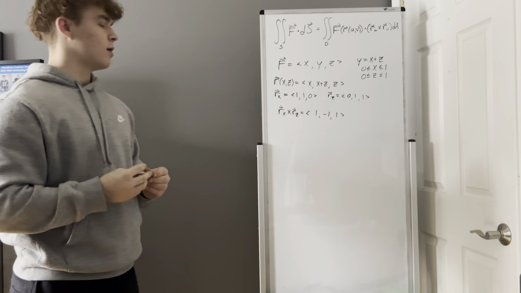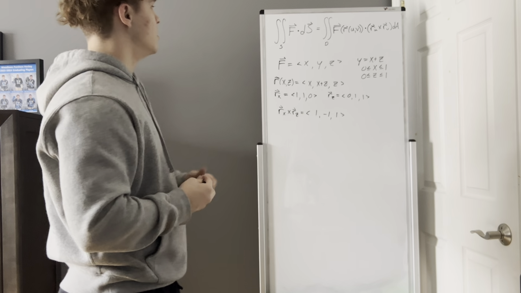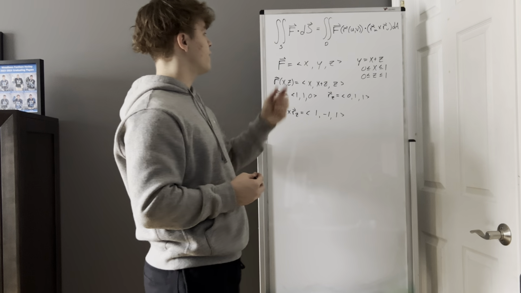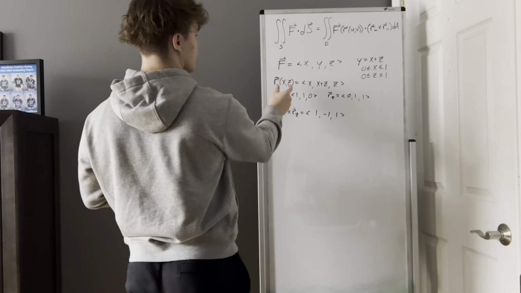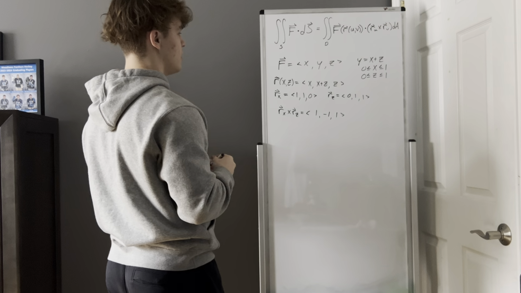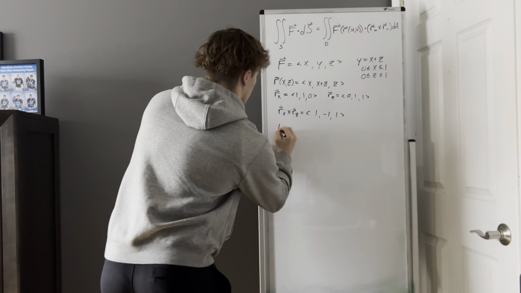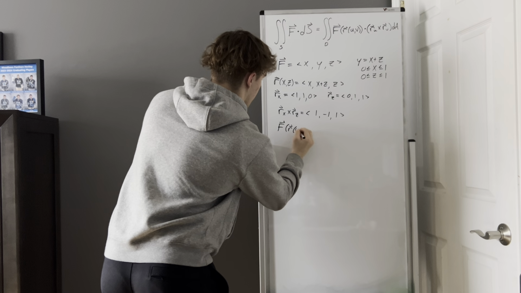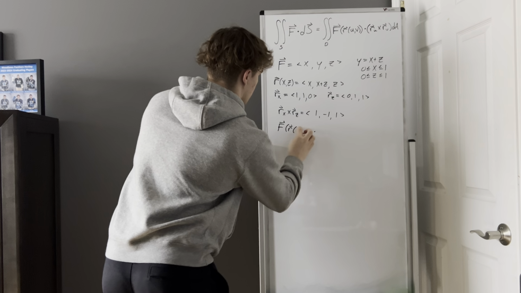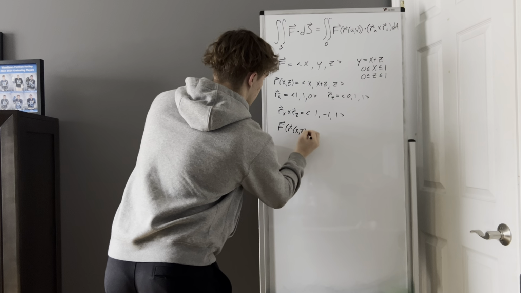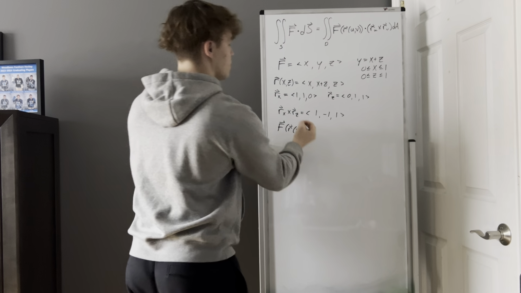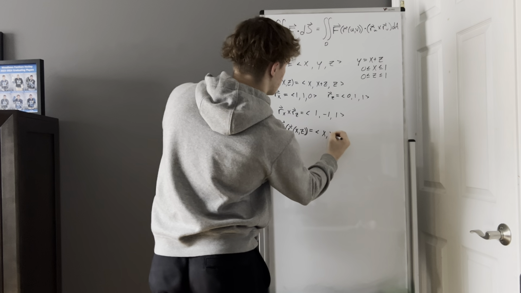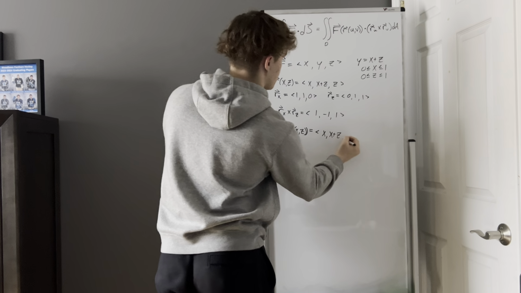Let's dot product these with our function F in terms of x and z. Our vector field in terms of our parametric equations is equal to x, x plus z, and z.